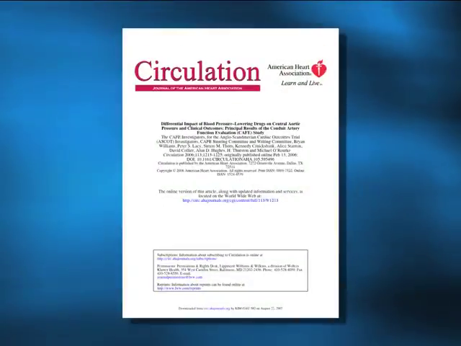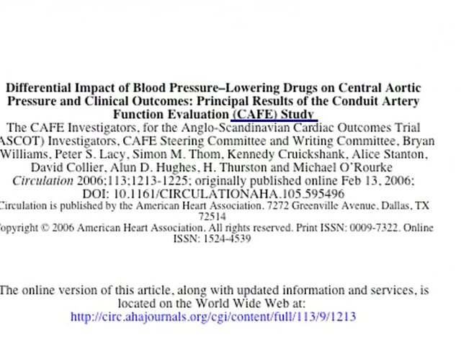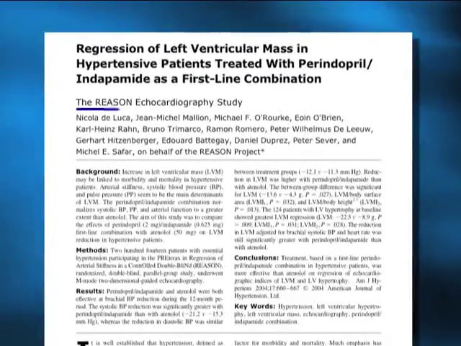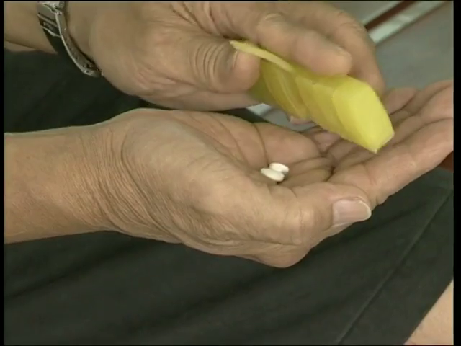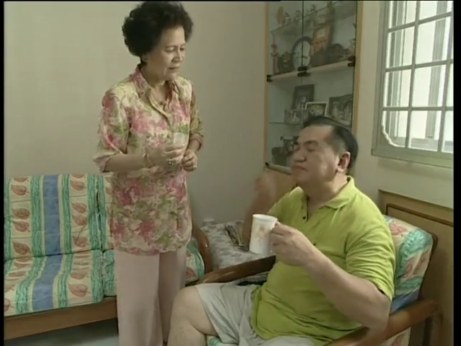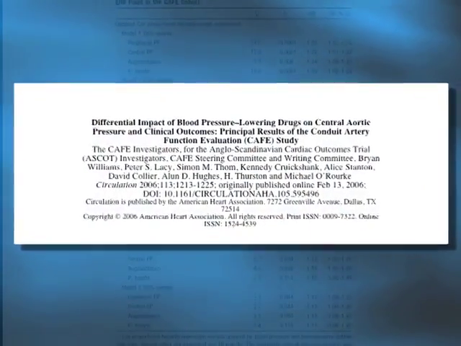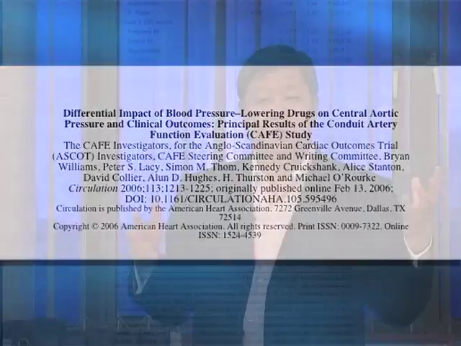What is the significance of having a higher central aortic pressure? There are big studies like the CAFE study and the REASON study. All these studies have shown that different drugs can affect the central pressure differently. For example, in the CAFE study, we have two groups of over 2,000 patients followed up for 5 years, with the same blood pressure level kept for 5 years.